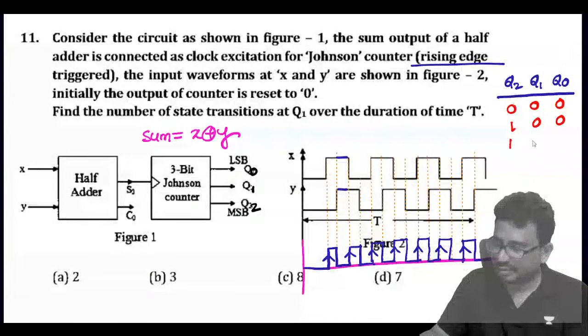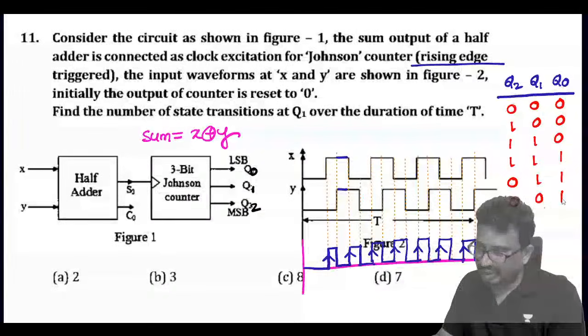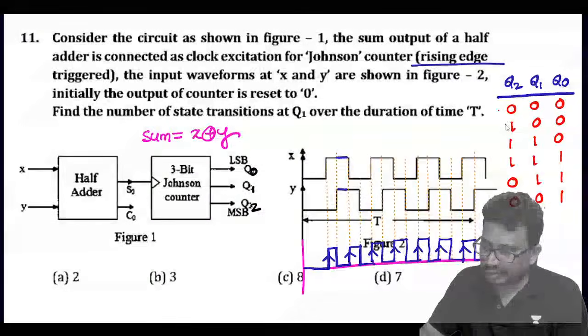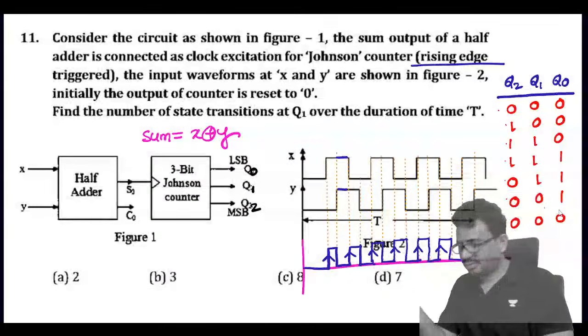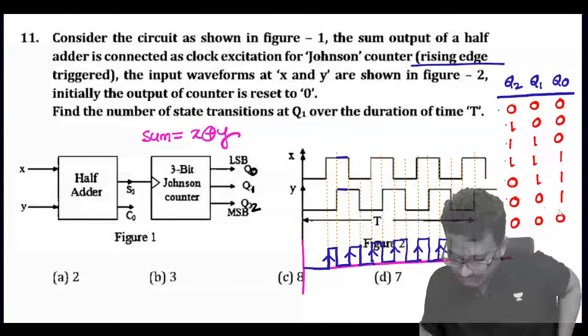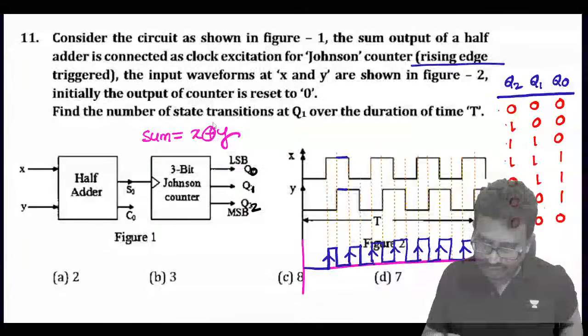Next 1, 1, 0. Next 1, 1, 1. Then 0, 1, 1. Then 0, 0, 1. How many clocks? 7 clocks: 1, 2, 3, 4, 5, 6, 7. So 0, 0, 0. They are asking to find how many times Q1 will have a transition.